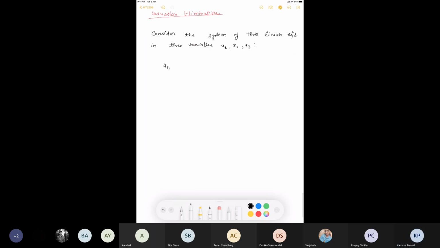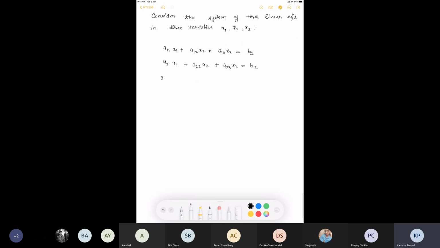So coefficients are going to be a_ij. So a11 x1 + a12 x2 + a13 x3 = b1; a21 x1 + a22 x2 + a23 x3 = b2; a31 x1 + a32 x2 + a33 x3 = b3.